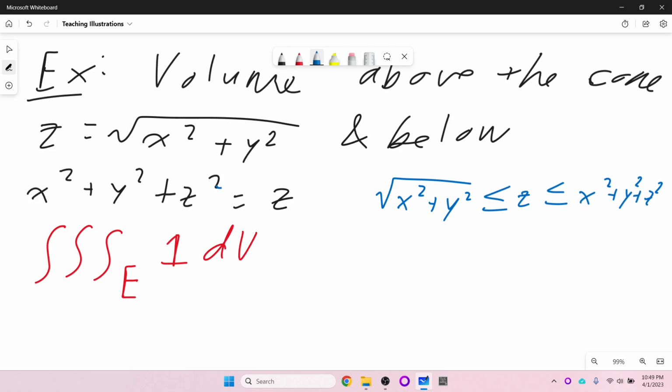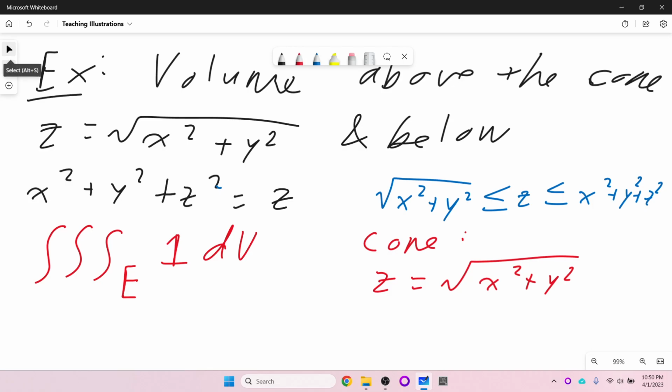So this is everything if we can write this in the correct way. So let's see how we do that. All right, let's do the cone first. So on the cone, we have z equals square root of x squared plus y squared. I know it's tempting to say that's r squared, but we're trying to do spherical coordinates, so r won't help us.